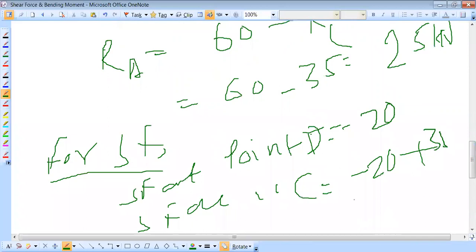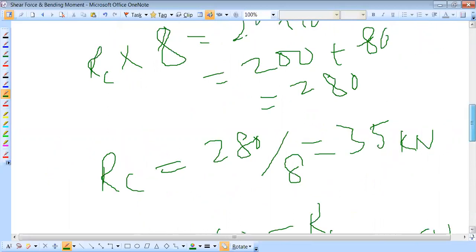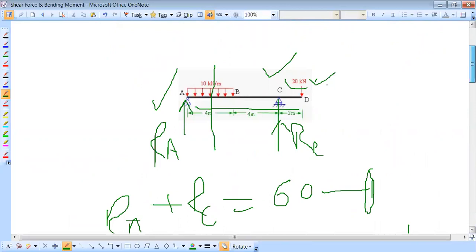That means minus 50 plus 15. Minus and plus.